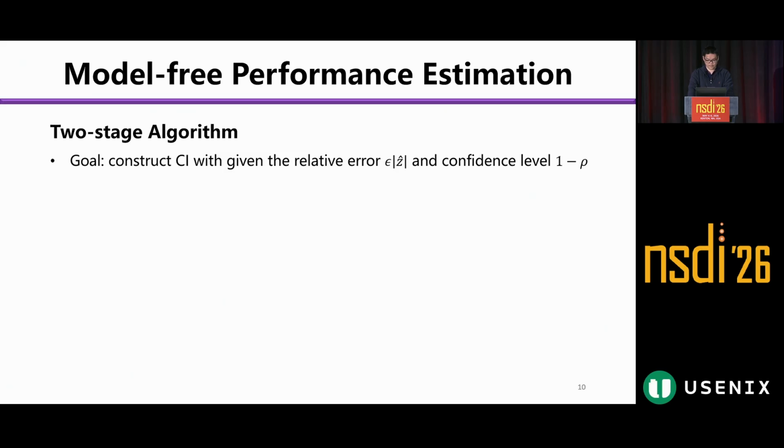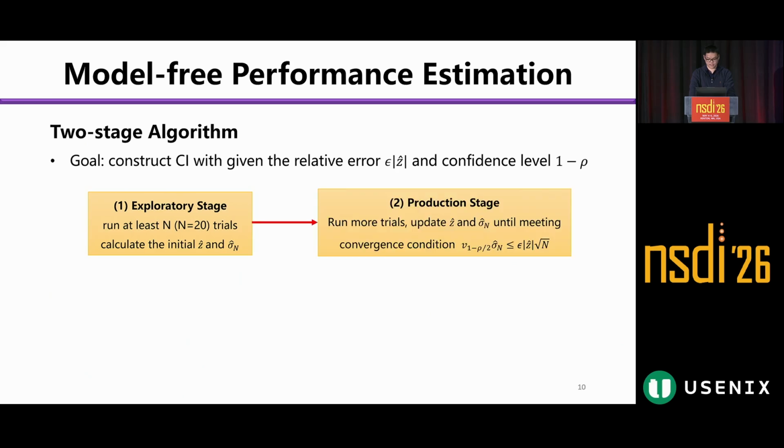So based on the above logic, we propose a model-free performance estimation algorithm. The goal is to construct a confidence interval with a given relative error and confidence level. The algorithm consists of two stages. The first stage is the exploratory stage. We run at least n trials to calculate the initial empirical mean and variance.